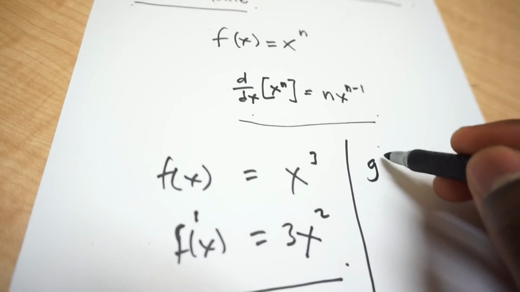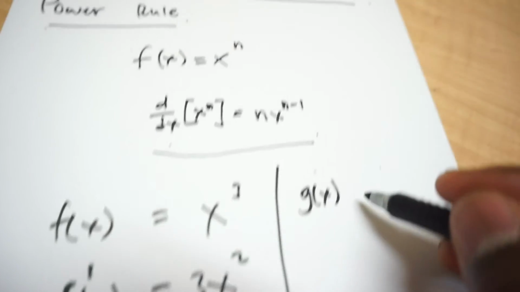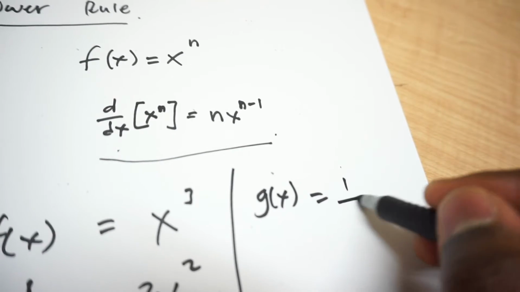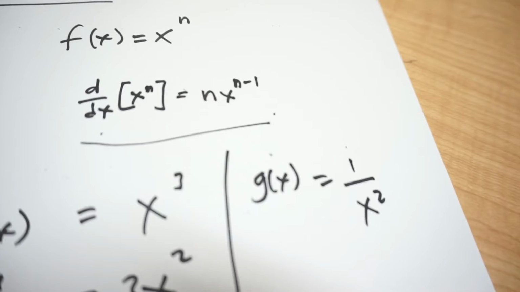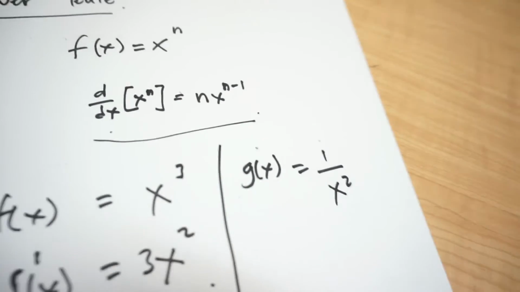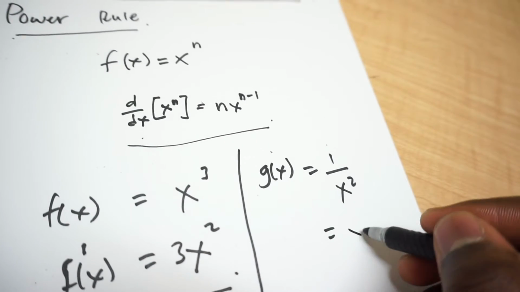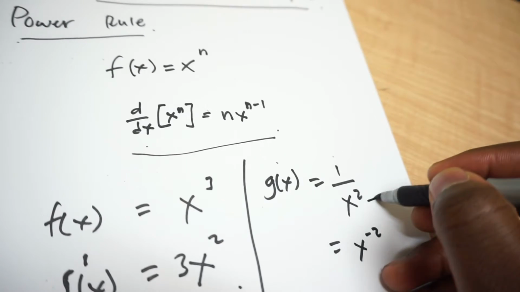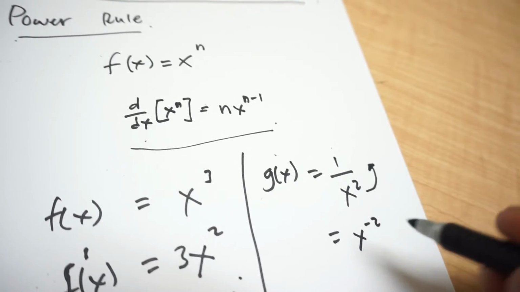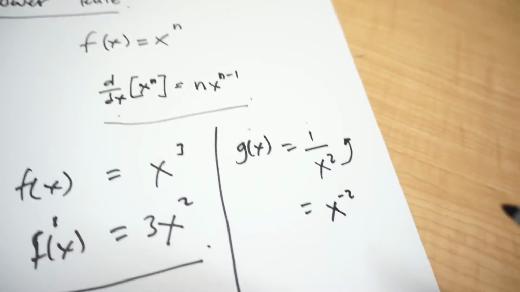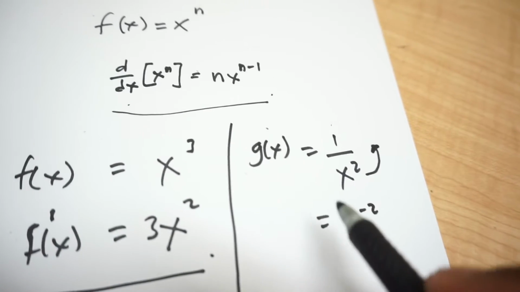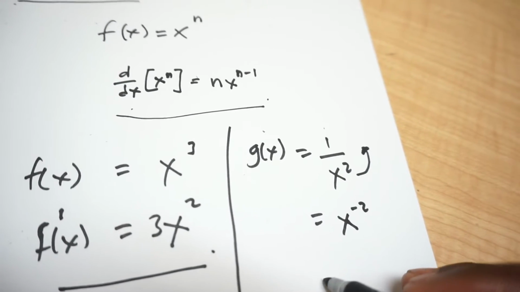All right, here's another problem. g of x equals 1 over x squared. What you could do, this is the same as saying x to the negative 2. Just bring the x squared up top, and it becomes x to the negative 2. So again, what do we do here?